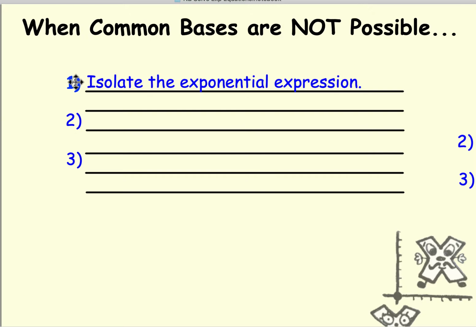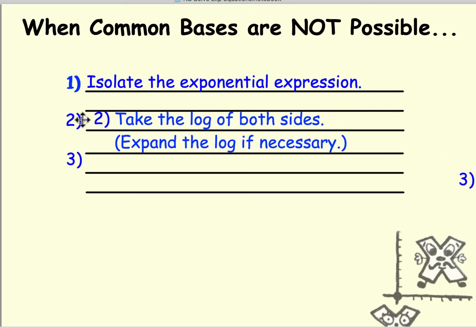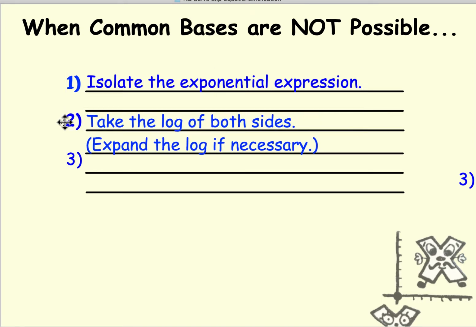The first thing I'm going to do is isolate the exponential expression. That means on one side of the equal sign, the exponential expression term must be by itself. Then I'm going to do something that involves the inverse function of exponentiating, which is to take the log. So I'm going to take the log of both sides.